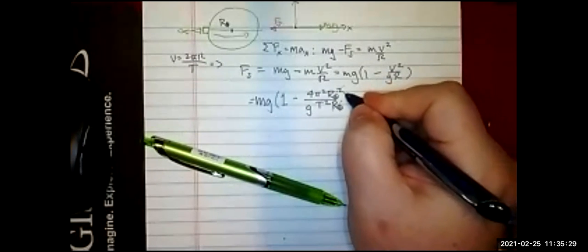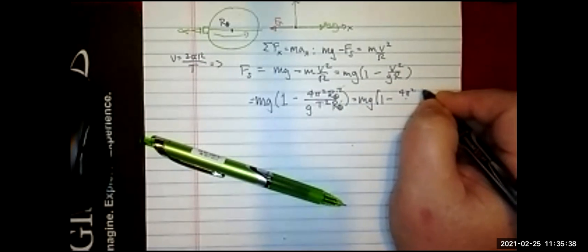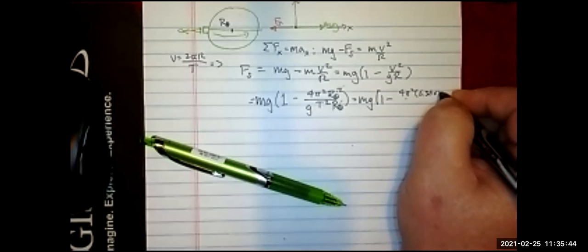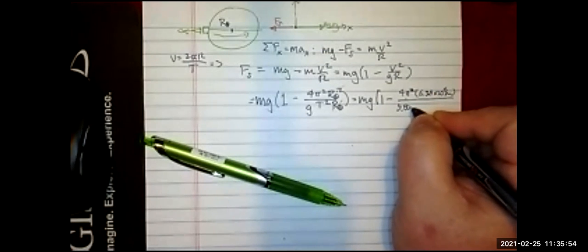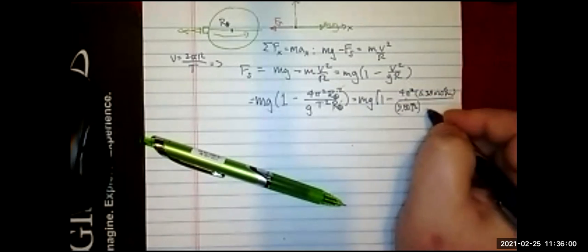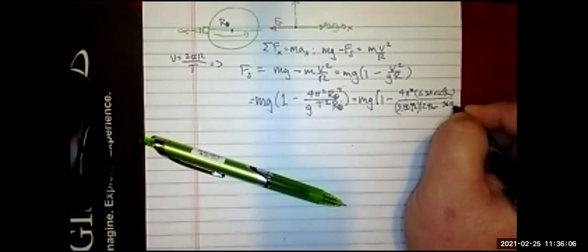And what I can do now is I can say it's going to be mg times 1 minus 4 times pi squared times, now we take the radius of the Earth, which is 6.38 times 10 to the 6th meters, and we're going to divide that by 9.80 meters per second squared times, notice the one in the bottom canceled out, 24 hours times 3,600 seconds per hour. And all that's got to be squared. I know I wrote that kind of small, so I'll rewrite it over here.